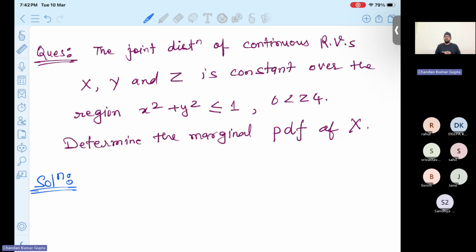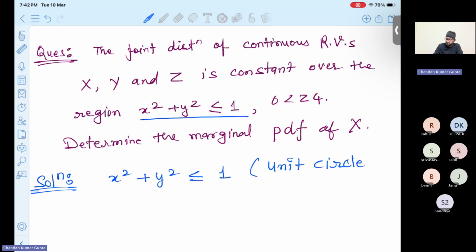Here, we are actually given two conditions. The first one is x square plus y square less than or equal to 1. So this is nothing but a circle of unit radius, no? That is the unit circle. Suppose we have the x-axis and there is a unit circle.